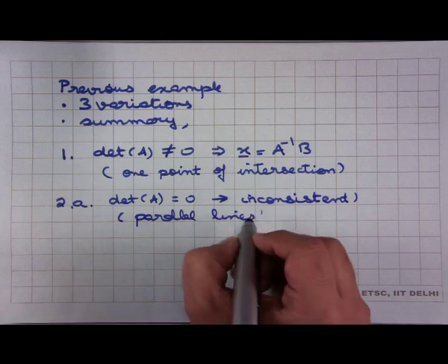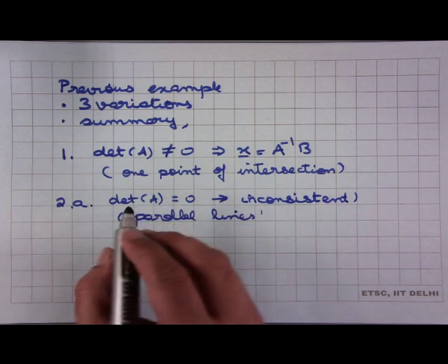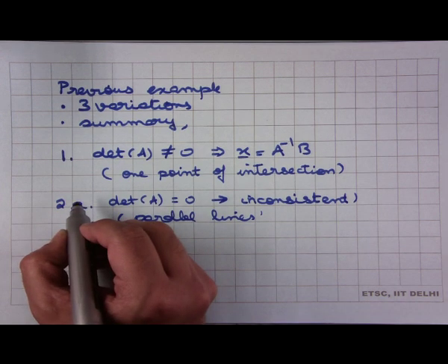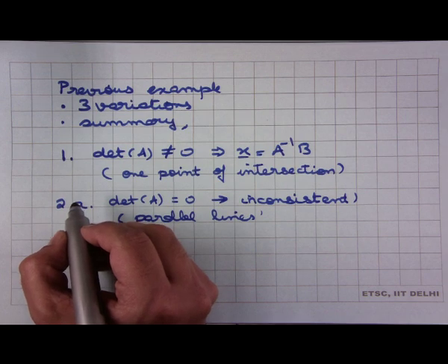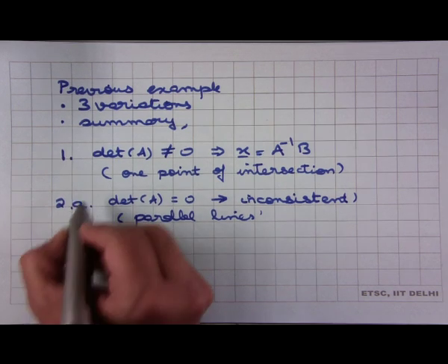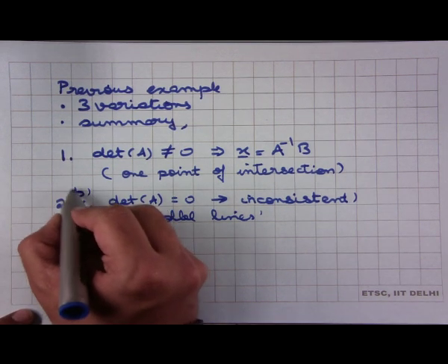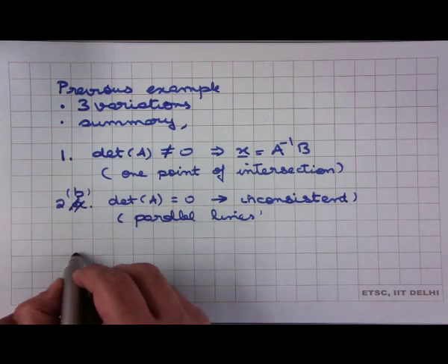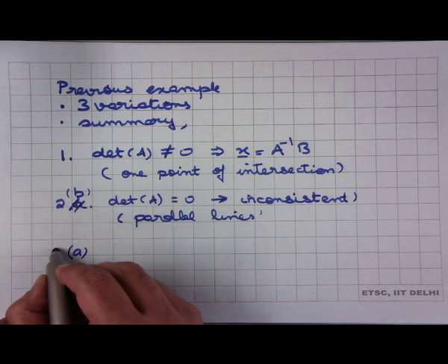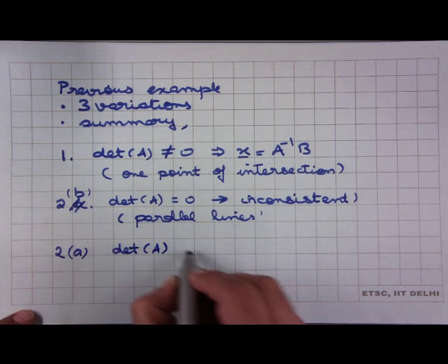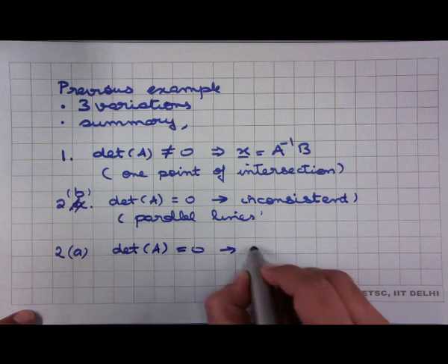I believe this was the case 2B that we had looked at, corresponding to what we did in the procedure, and the case 2A was when the determinant of A was 0, but we could not make a conclusion.